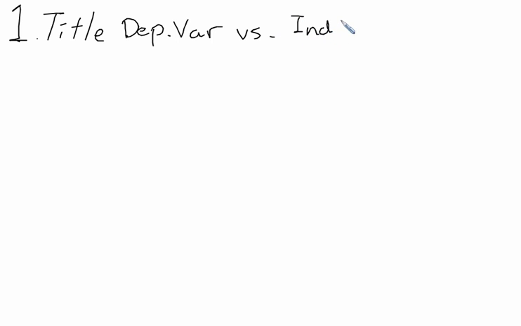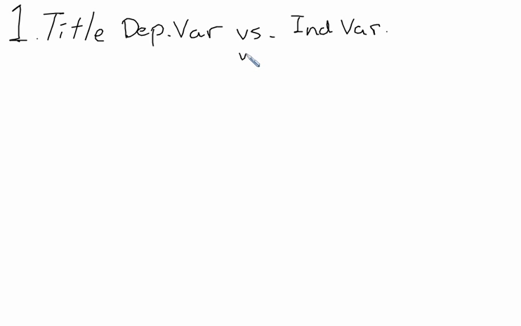Okay. Now, if you don't know the difference between a dependent variable and an independent variable, consider this example. If we were to do a lab where we saw the effect of temperature on the speed of a reaction, the one thing that you can change is the temperature, so that's going to be your independent variable.